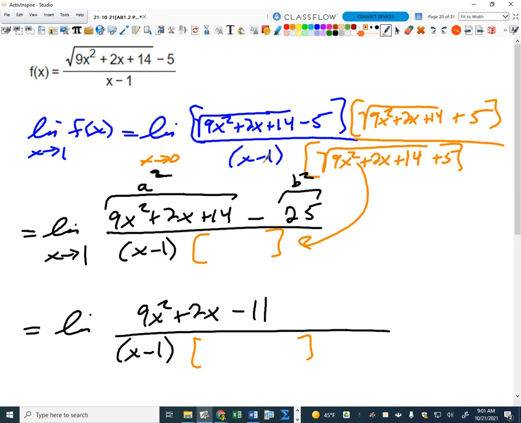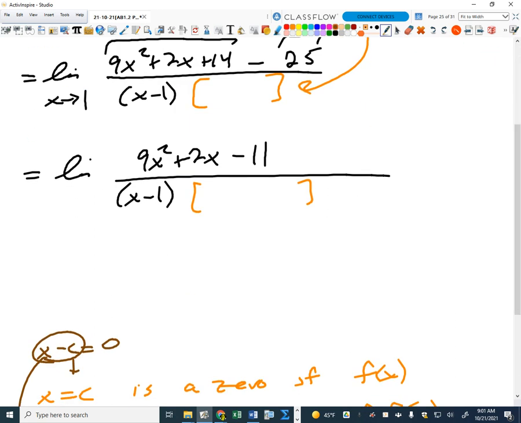So doesn't x minus 1 have to be a factor of the top? And we can check it. It's easy to do. If I just plug in 1, I get 11 minus 11 is 0. So 1 is a 0 of the top, right? So guaranteed, the top is going to factor into x minus 1 times something.